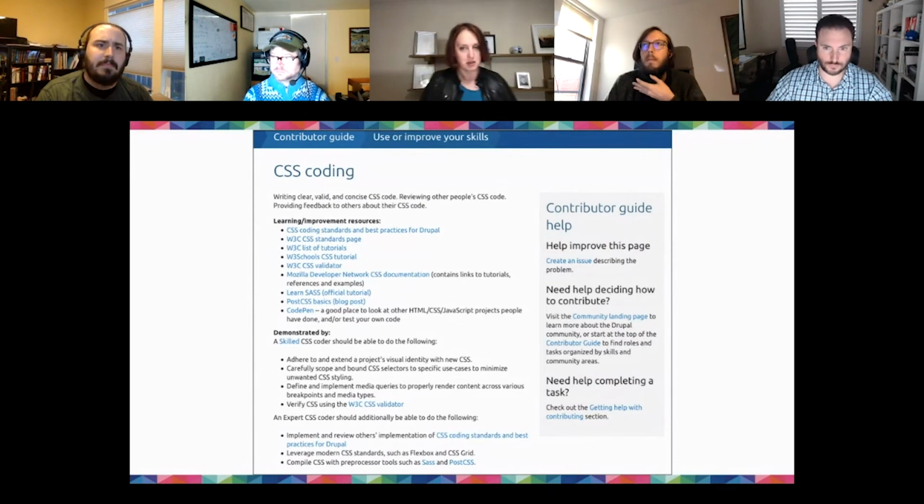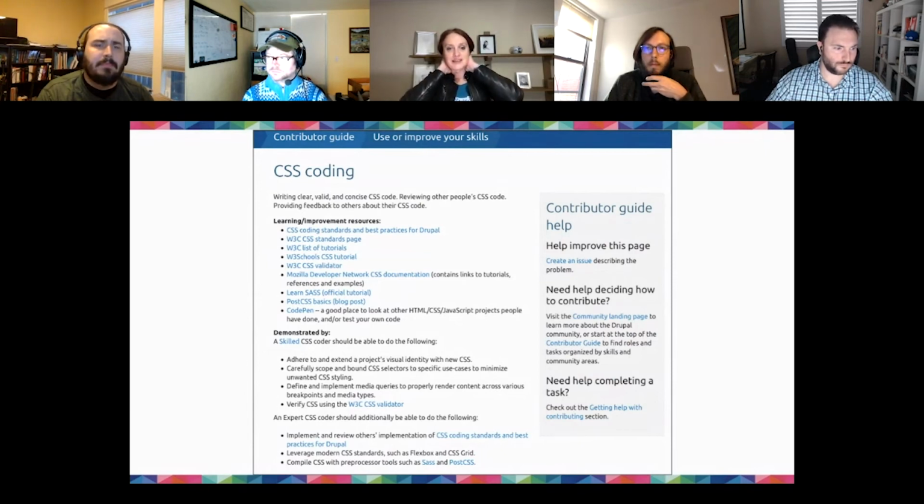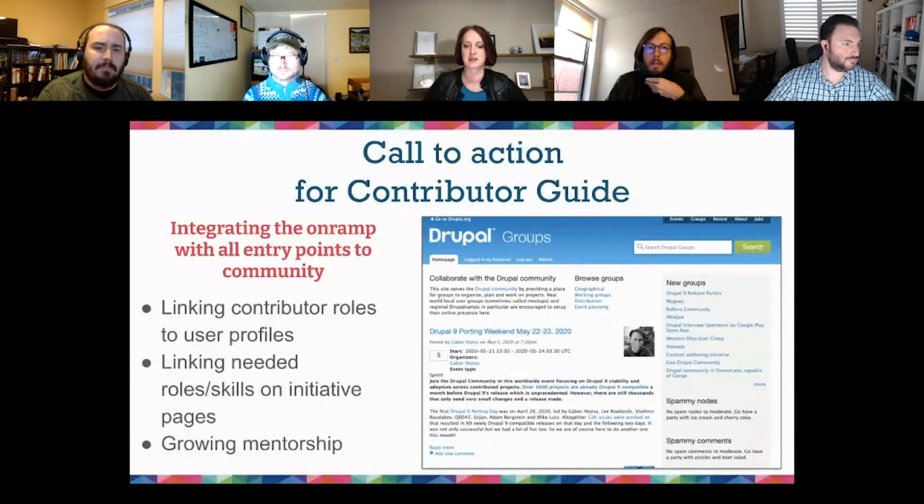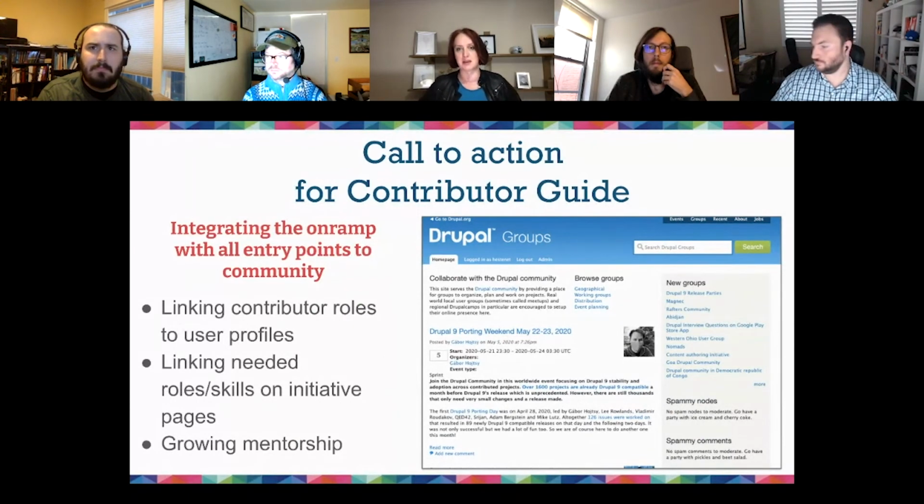The eventual goal is to get to a point where people can find out quickly ways that they can get involved in the community. So they'll be able to say, hey, I've got this bunch of skills, which they can choose from a list. What can I be doing? How can I actually find something that's of interest to me?